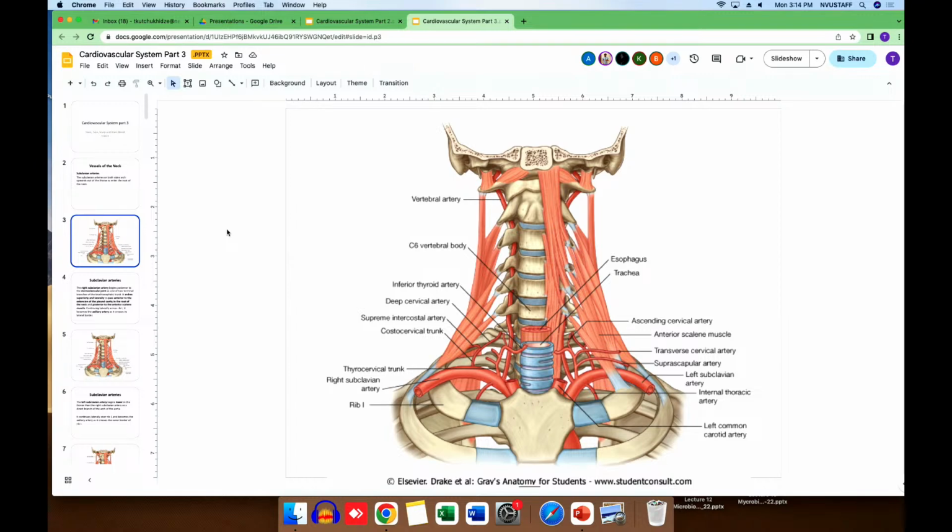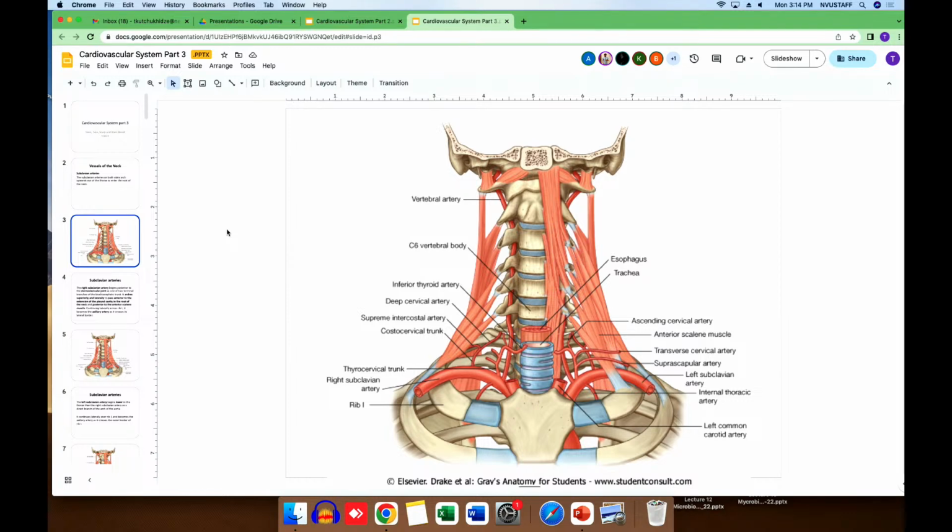Afterwards, we have the branching of our arteries, right? All the branches from the right and left subclavian arteries arise from the first part of the artery. So, the first part is divided into the majority of the branches. We have the vertebral artery, the thoracocervical trunk, the internal thoracic artery, and the costocervical trunk.